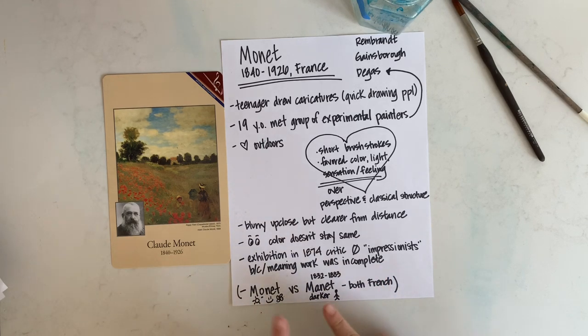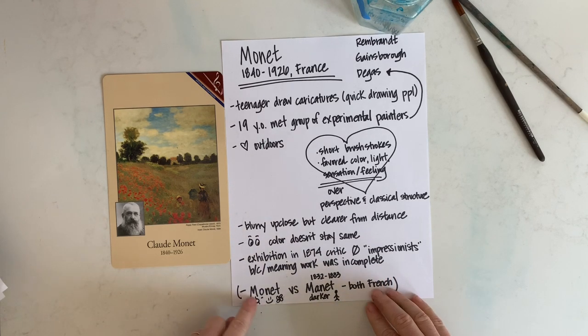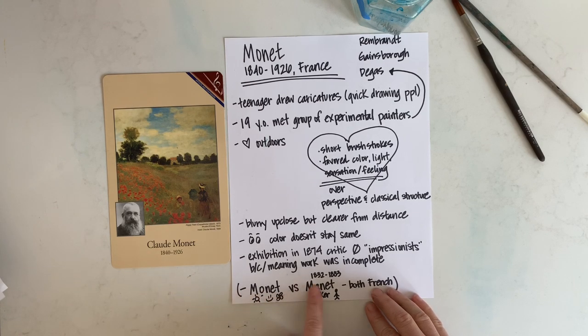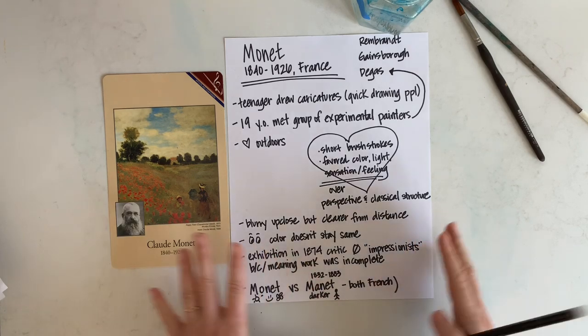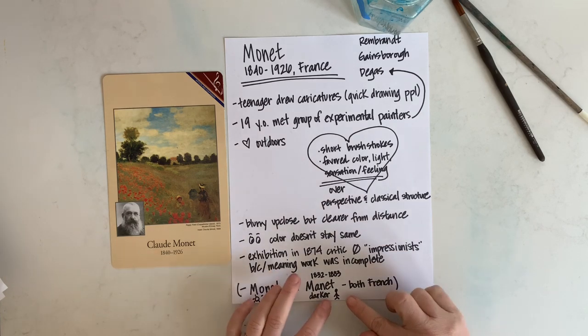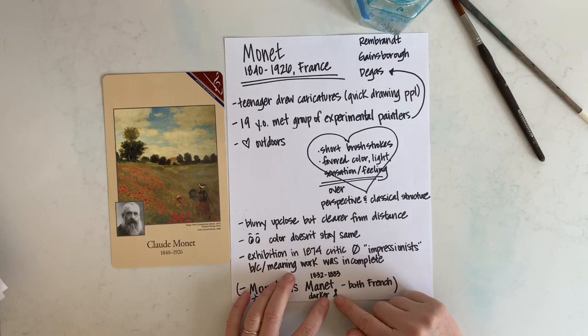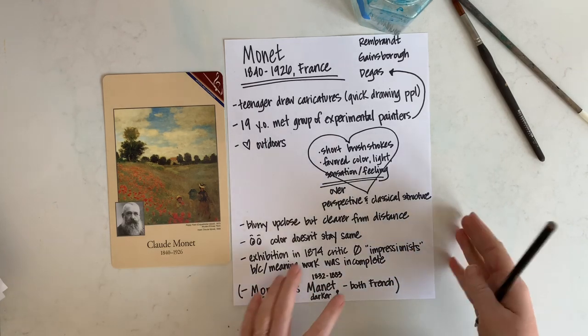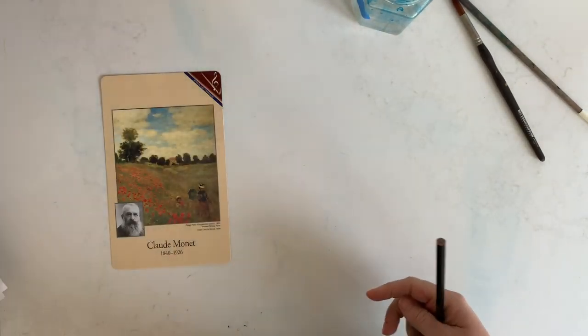So I just wanted to point that out. Monet loved the light, the happy feelings, and nature. Manet's paintings tend to be darker. He usually has a lot of black in his, and there are people. So Monet versus Manet. That's just a little extra tidbit there on the end.